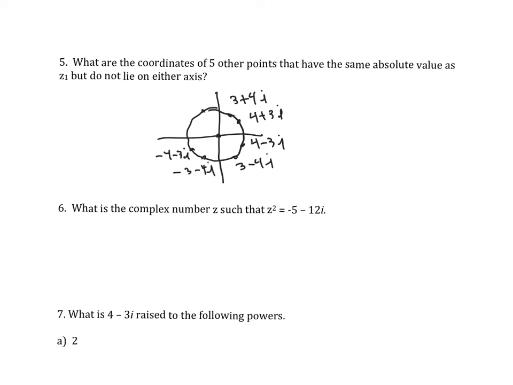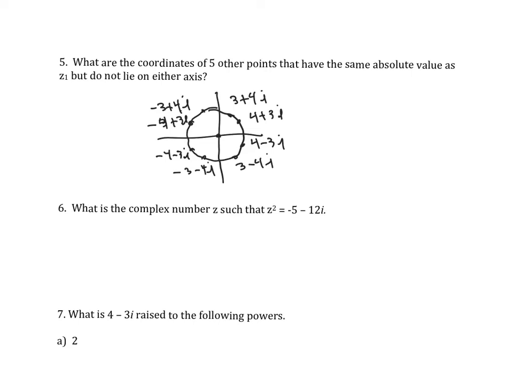Not surprisingly, we're going to have negative 3 plus 4i, and then again, negative 4 plus 3i. So we have 8 points just by exchanging the a and b values and by taking their negatives.